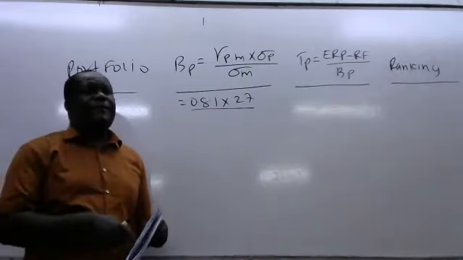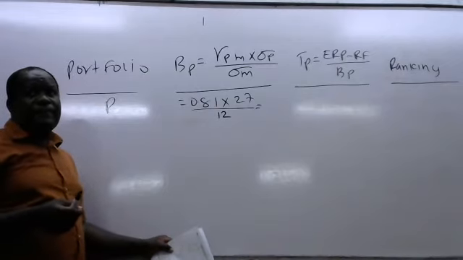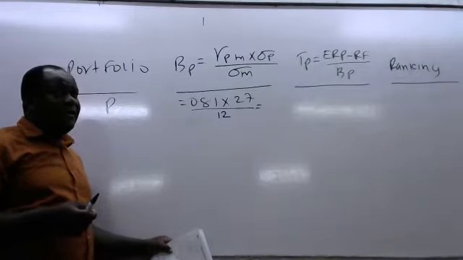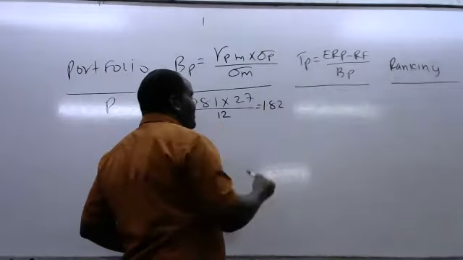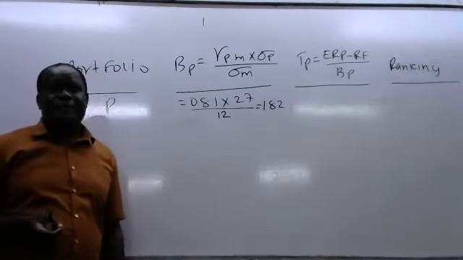So you divide by 12, so that we come up with the beta of that portfolio. You can round it off to 2 decimal places in case it is more. So 1.82. Are we getting 1.82?